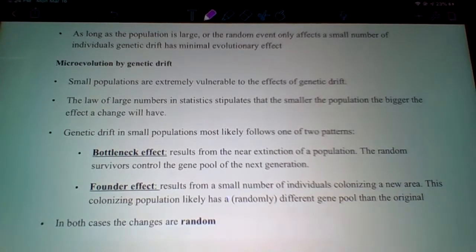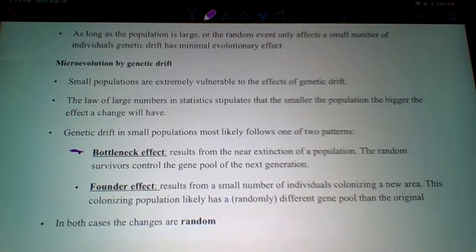One option is that small populations are extremely vulnerable to the effects of genetic drift. The law of large numbers in statistics stipulates that the smaller the population, the bigger the effect a change will have. Genetic drift in small populations most likely follows one of two patterns. So the two patterns we're going to discuss in our class are the bottleneck effect.